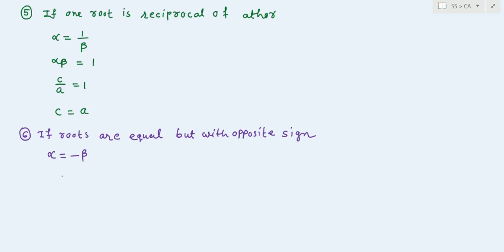Okay, so if we are moving beta to left side, we will get alpha plus beta equal to 0.